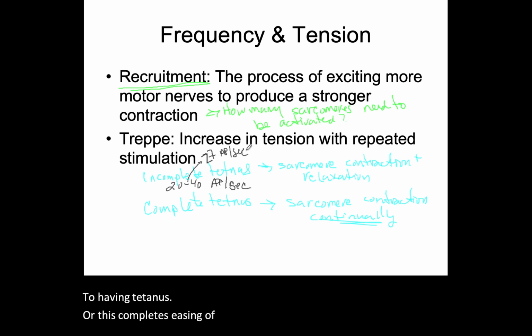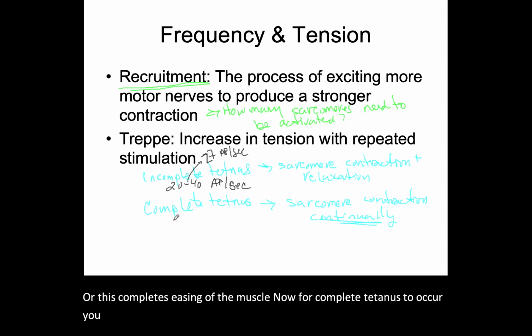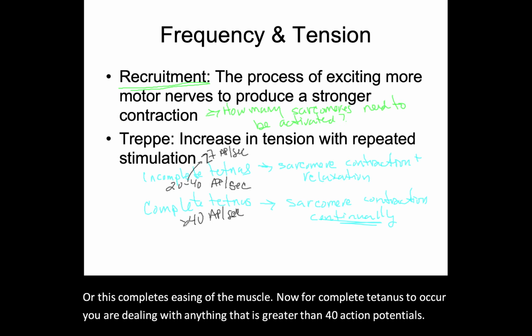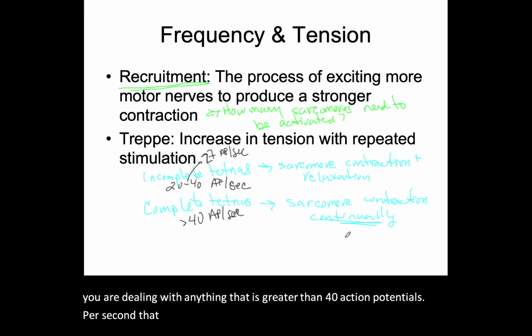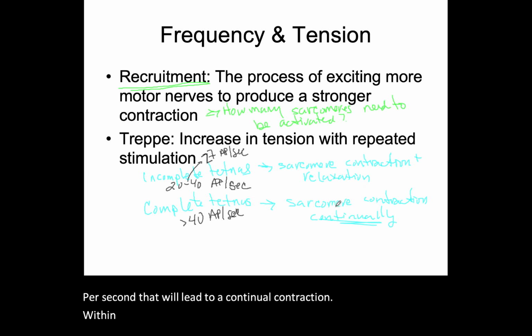Now, for complete tetanus to occur, you are dealing with anything greater than 40 action potentials per second. That will lead to a continual contraction within the sarcomeres. When do we see that?